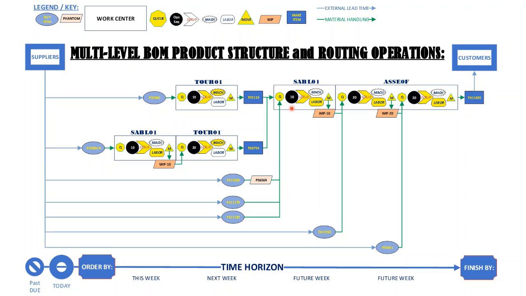So when we review this product structure, you begin to see a multi-level bill of material and routing sequences with all of the lead time components that we may need to account for. For example, to manufacture a semi-finished item P36754, we need only one component. Let's call it a raw material.